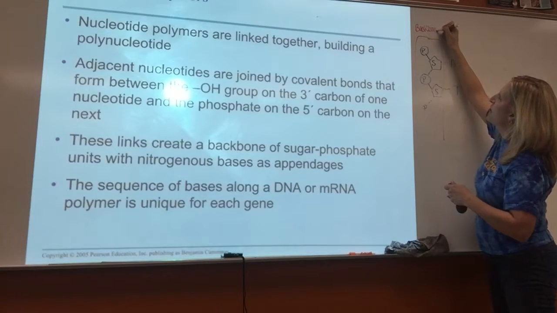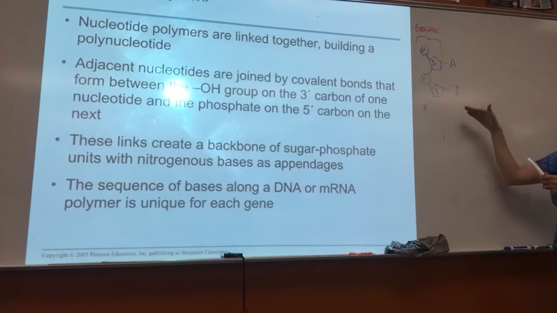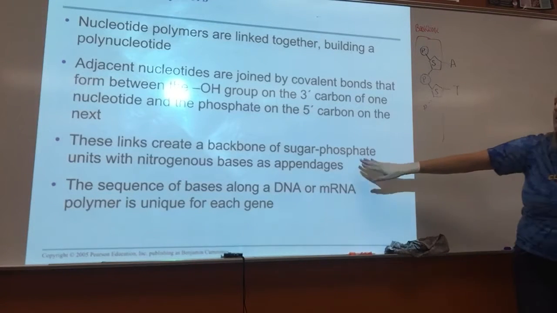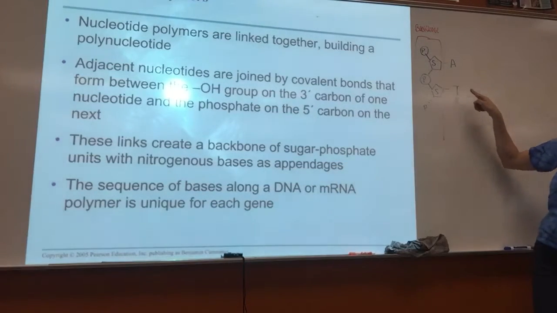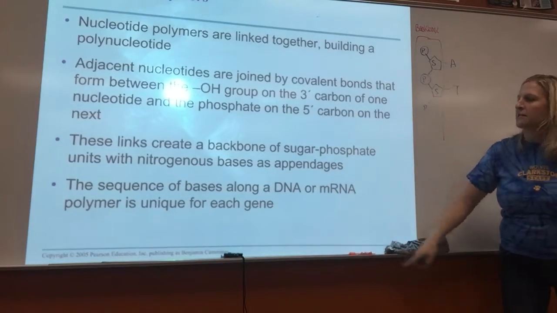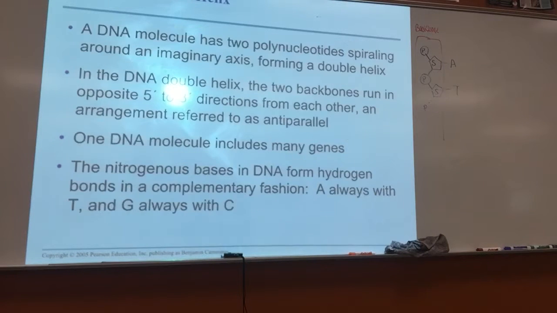The backbone is phosphate sugar, and what sticks out are the A's and the T's, and the C's and the G's. The bases are what sticks out, the nitrogenous bases sticking out like appendages. And it's the order of those A's, T's, and G's that determine what protein it's going to code for and make.